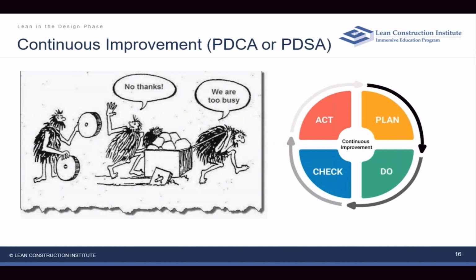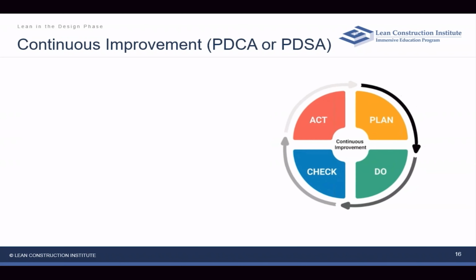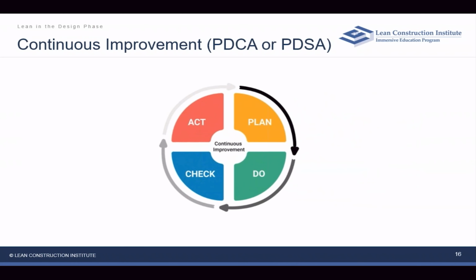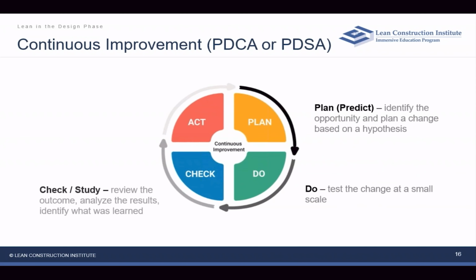This is based on a scientific method for improvement. We plan, or create a prediction, maybe a hypothesis, that's based on good information. It's a good hypothesis. It's not just random.